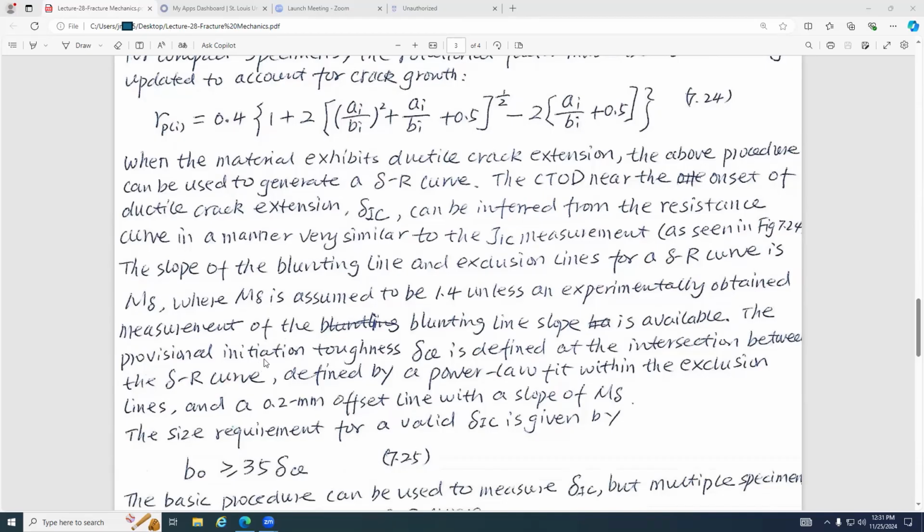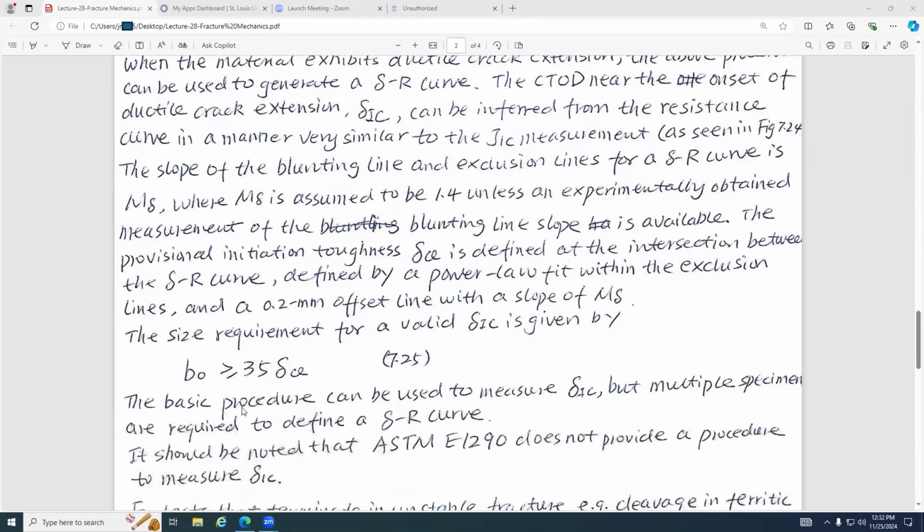The provisional initiation toughness delta Q is defined as the intersection between the delta R curve, defined by a power law fit within the exclusion lines, so this is exactly what I showed you in figure 7.24, right? The several steps, and a 0.2 millimeter offset line with a slope of M.